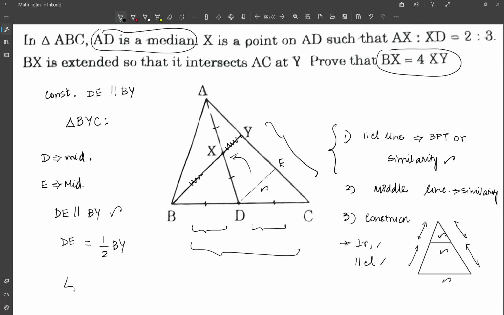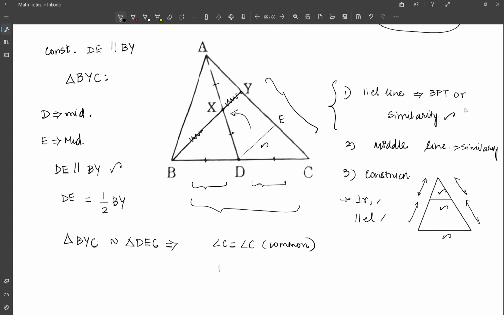So triangle BYC is similar to triangle DEC. You just have to give the reasons very quickly here. Angle C is common in both. And since DE is parallel to BY, we have angle YBD equal to angle EDC.